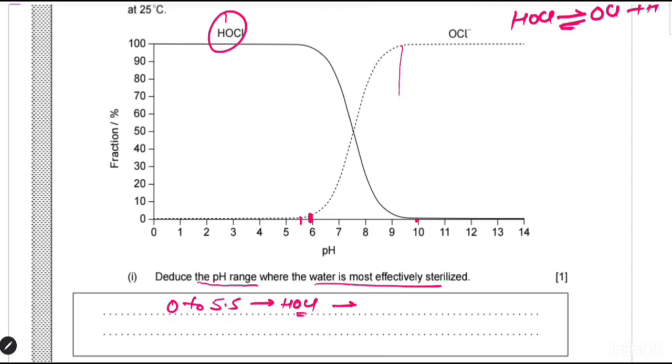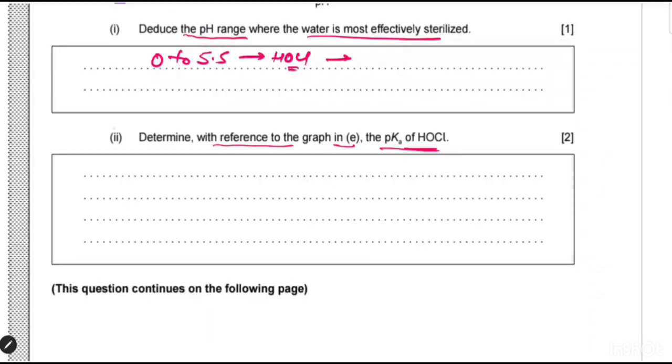Okay, next is part 2, which says determine, with reference to the graph, the pKa of HOCl. We have to find out the pKa of HOCl. Now we know for a pair of conjugate acid and base, pH is always equal to pKa plus log salt upon acid.